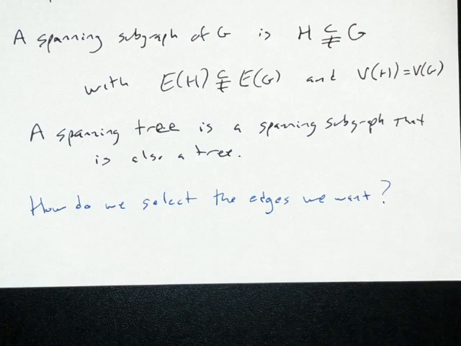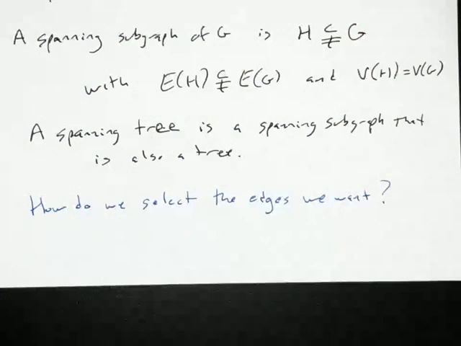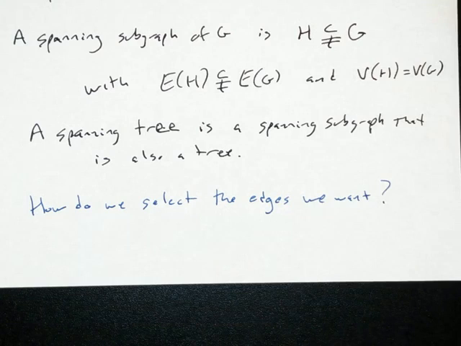If you just have any graph, then you can make a lot of different spanning trees, right? But some edges will be preferable to others. Why? I don't know. That depends on what your graph represents. So let's assign to each edge a weight or cost.